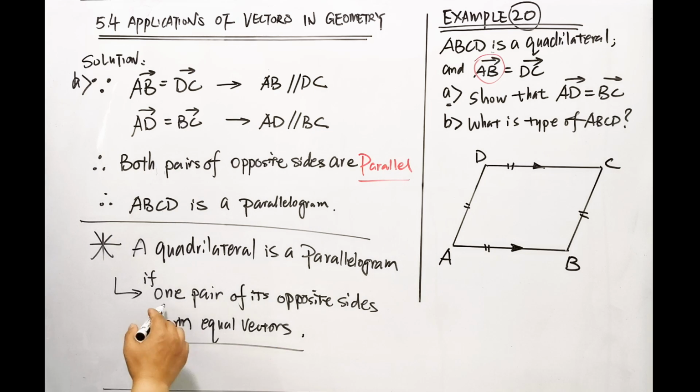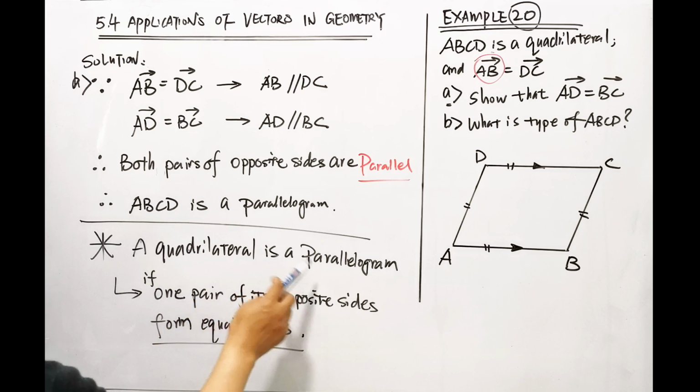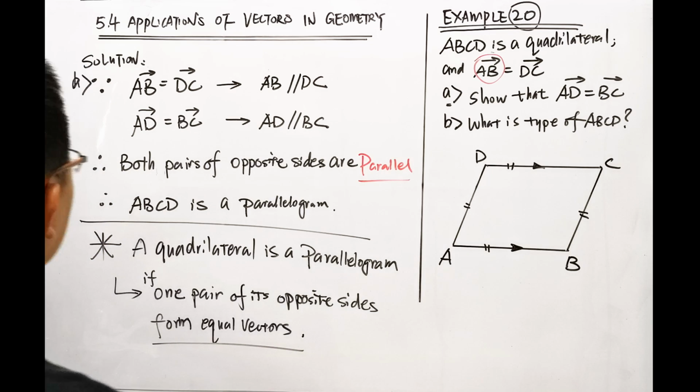So if one pair of its opposite sides form an equal vector, then the quadrilateral is a parallelogram. That's a very important concept we get from this example.